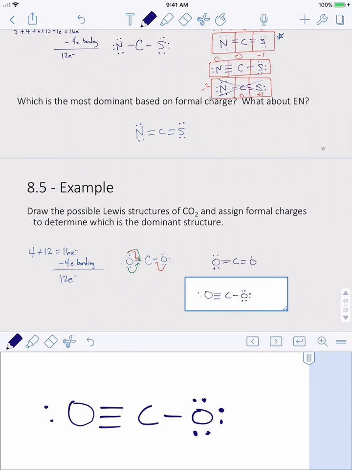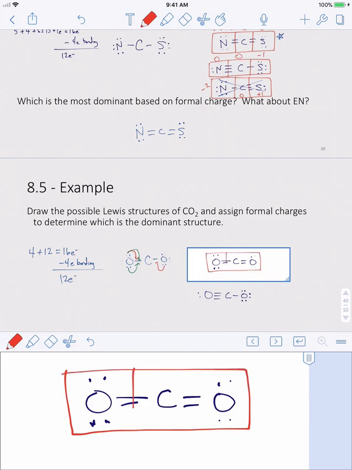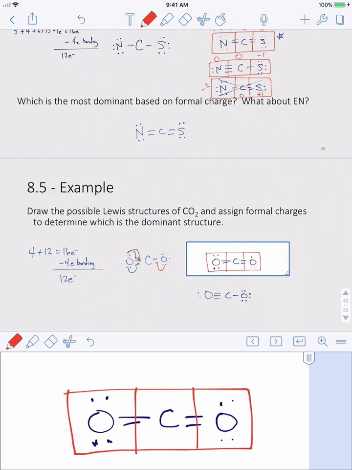Okay, so here we need to again look at formal charge. We could also make the triple bond on the other side, but it's effectively the same. It's just a mirror image of this one, so we don't need to do that one. And so here we're going to draw the box around and start looking at formal charges.